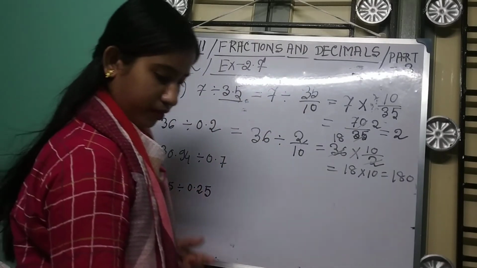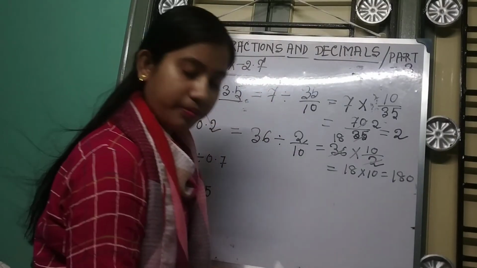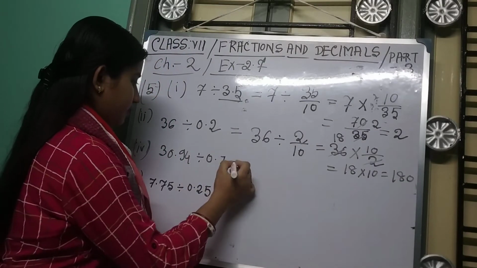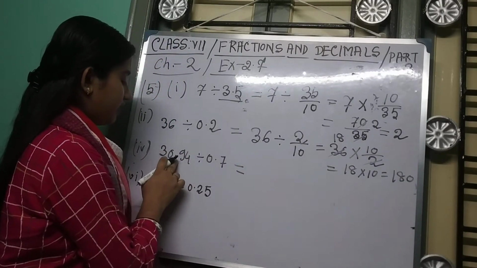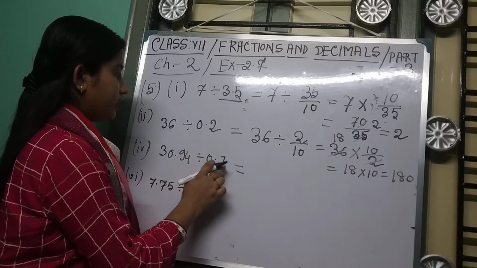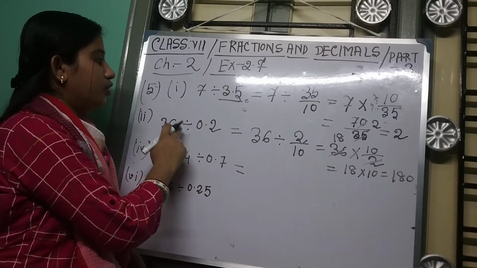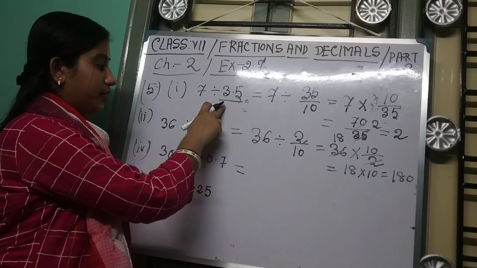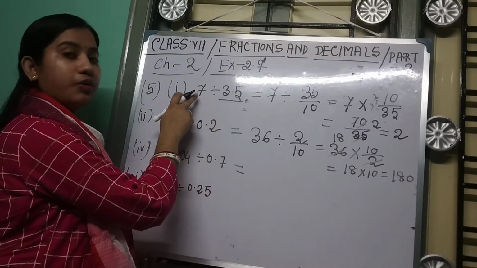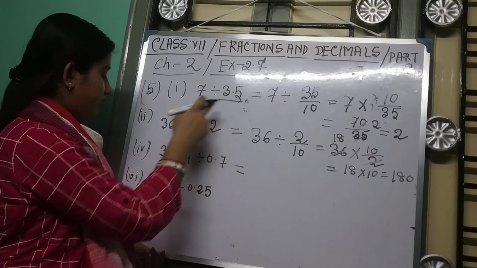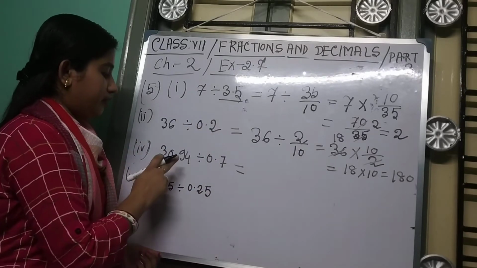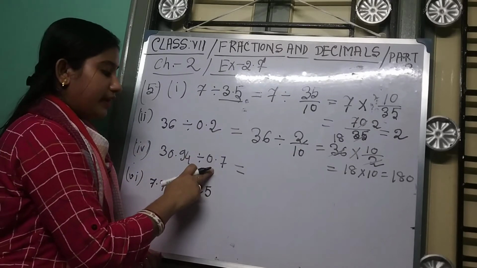Next is number 4. You should try number 3 at your home. So this is number 4: 30.94 divided by 0.7. In number 1 and 2 we divided a whole number by a decimal number, and here in number 4 we divide a decimal number by a decimal number.